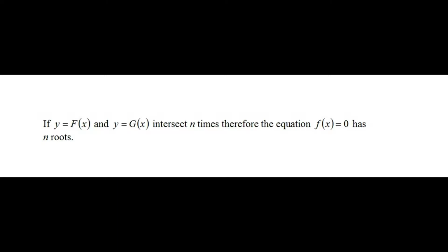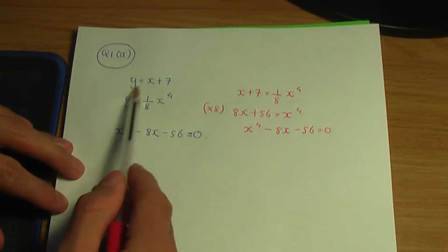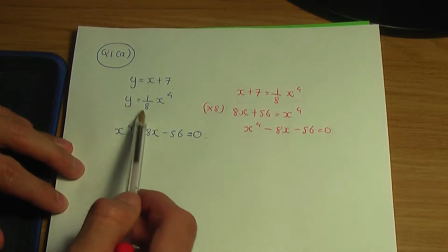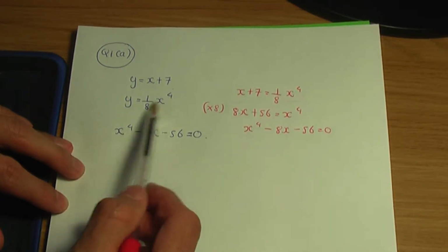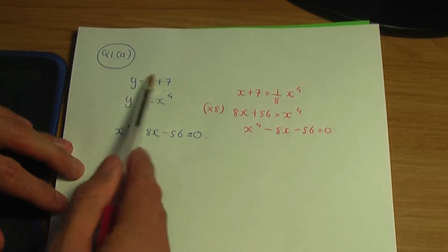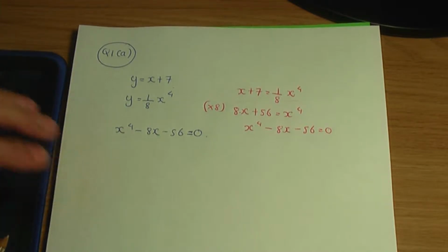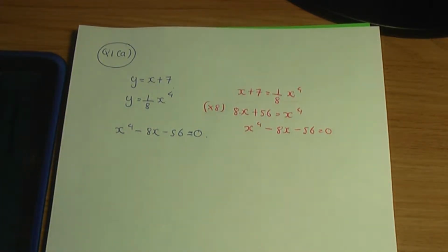So if we go back to the paper and pen, if we sketch these two curves, y equals x plus 7 and y equals 1 over 8 x to the 4, on one diagram, the number of points of intersection corresponds to the number of roots. I have done that on a program called Desmos, so let's take a look at that screenshot.